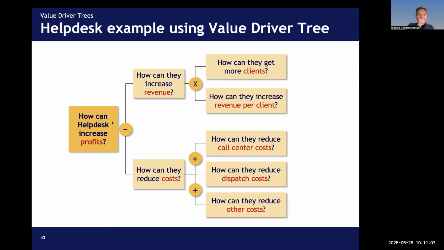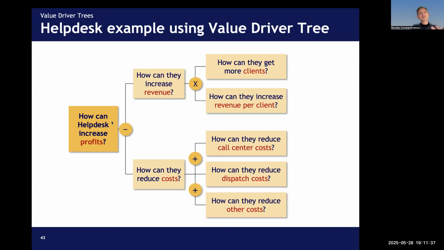Now, if you look at the signs, so that was the base method, right? The value driver tree. I'm now going to show you the special case of that technique. But for this, we need to look at the signs here. As you can see, there's plus and minus here, which are equivalents of each other, like brother and sister.